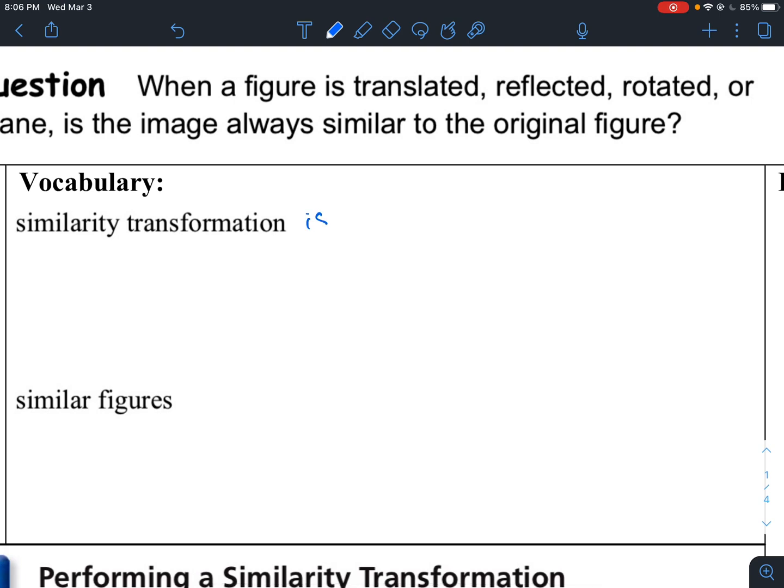A similarity transformation is a dilation or a composition.